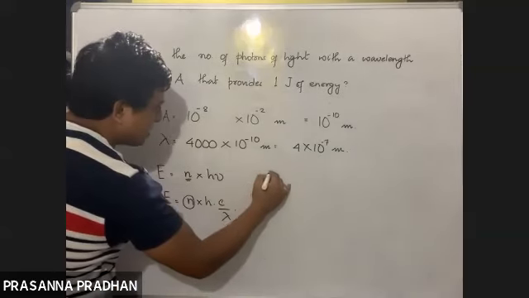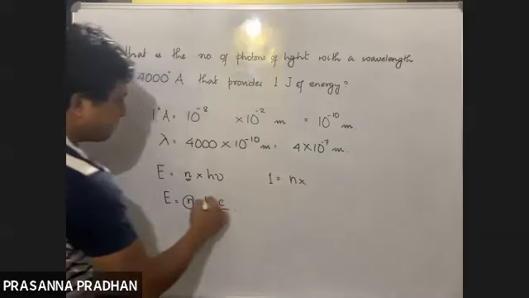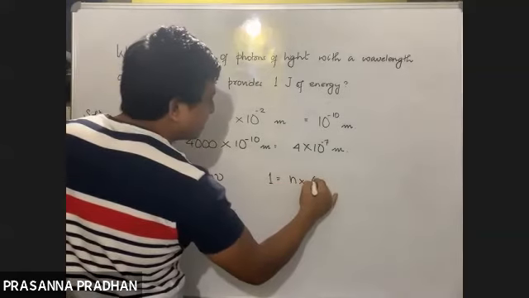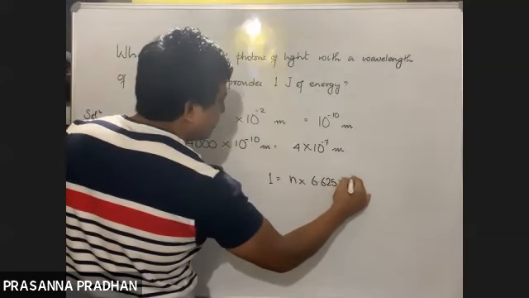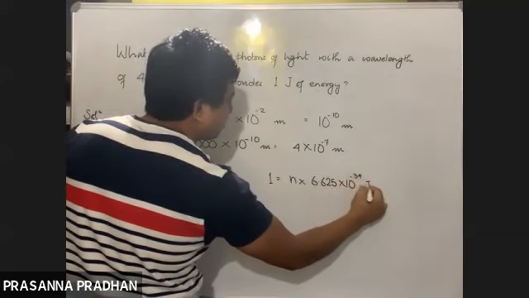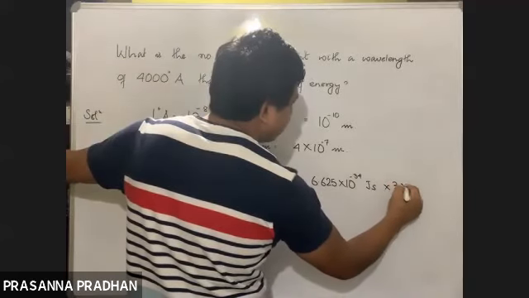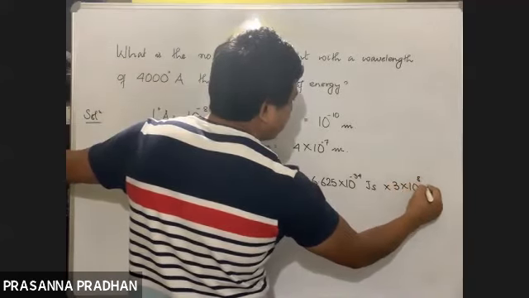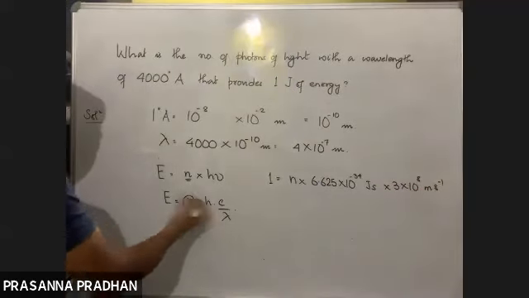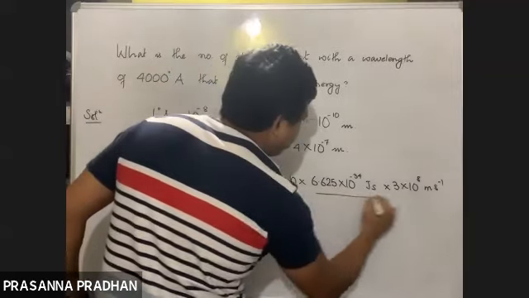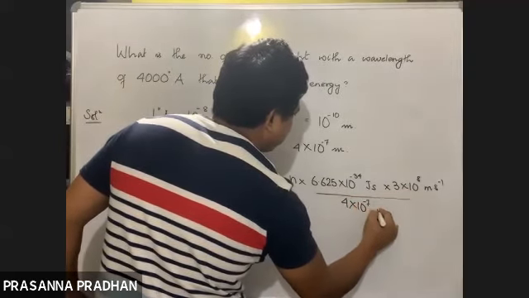What is the value of energy? 1 joule. I don't know the number of photons. What is the value of h? 6.625 into 10 to the power minus 34 joule second. What is the velocity of light? 3 into 10 to the power 8 meter per second. What wavelength is given? 4 into 10 to the power minus 7 meter.